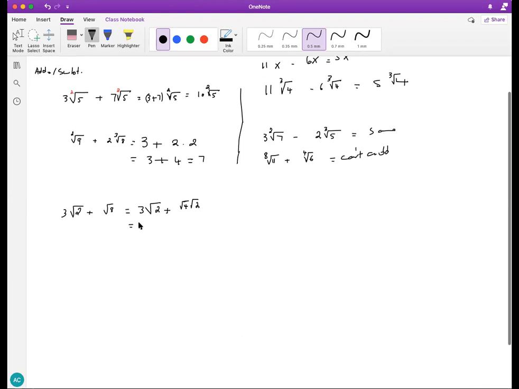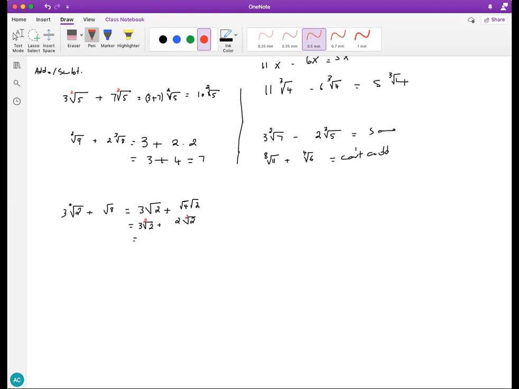So now we can say 3 radical 2 plus radical 2. What is the square root of 4? 2. Turns into 2. And this stays inside because you can't simplify. Finally, now as you can see, it's like this. So we have the same index, same radical, which is 2. The index also is here, invisible.